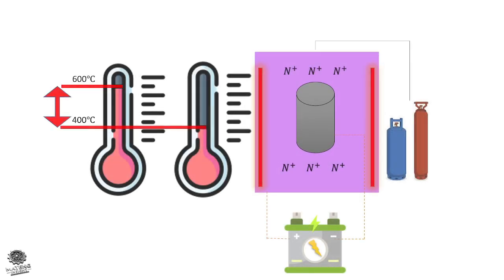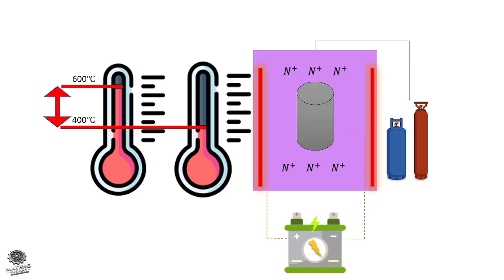The typical temperature range for plasma nitriding is 400 to 600 centigrade, and the process temperature is usually selected about 30 to 50 centigrade below the tempering temperature of the steel. This prevents core softening and avoids unwanted tempering of the material.